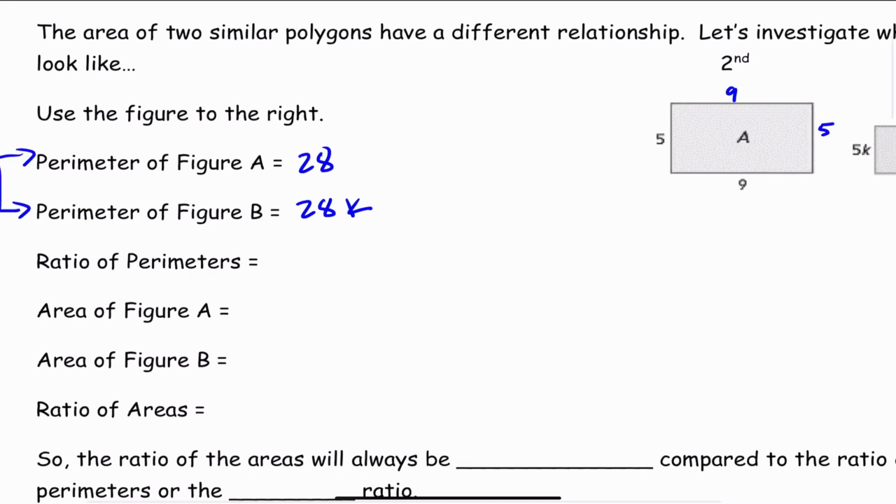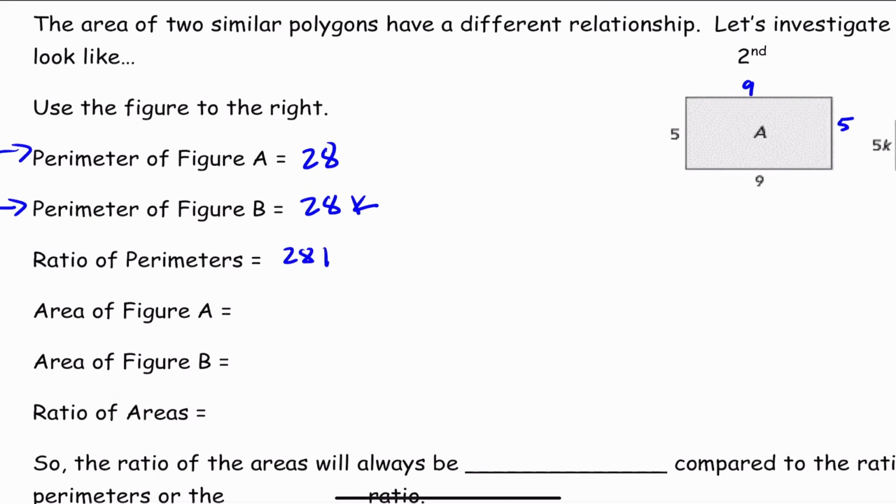So the ratio is 28k divided by 28. Now remember, when you're writing a ratio, it has to be simplified. So how do I simplify 28k over 28? Well, I'm going to cancel the two 28s, and I'm left with k.